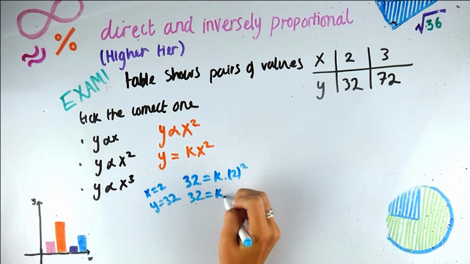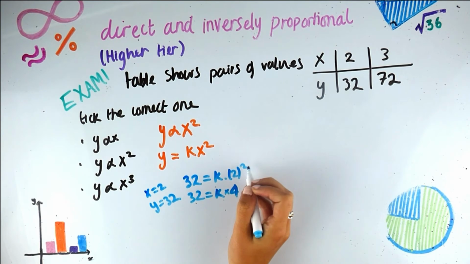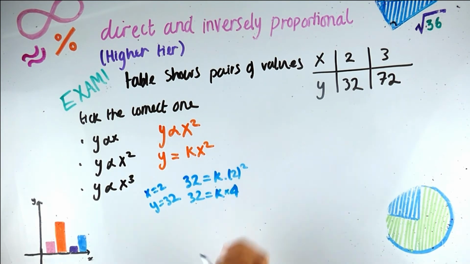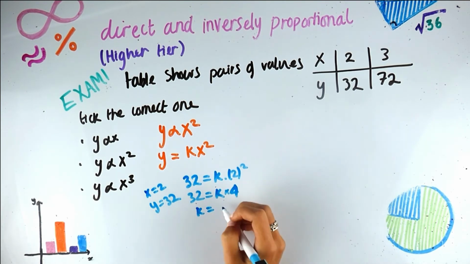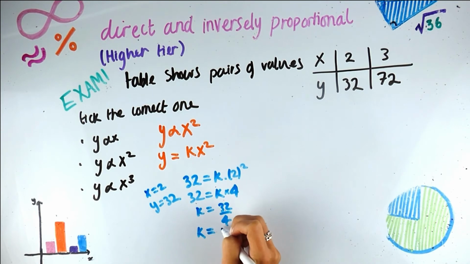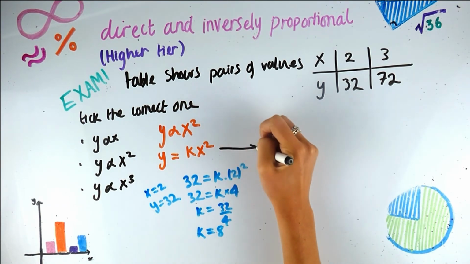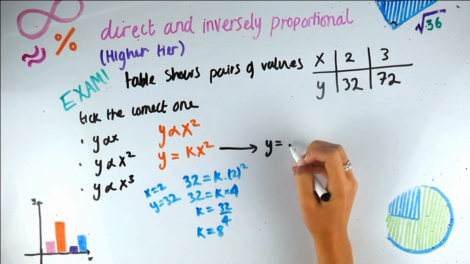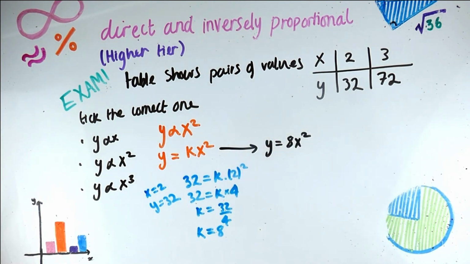So 32 equals k multiplied by 4, 2 squared is 4. So k is 32 divided by 4, because you brought the 4 round, so you've done the inverse operation, so k would be 8. Okay, so we can rewrite this then as y equals, not k, but 8x squared.